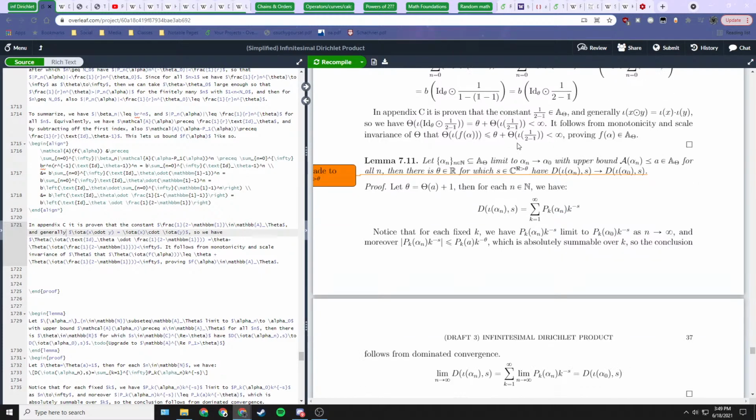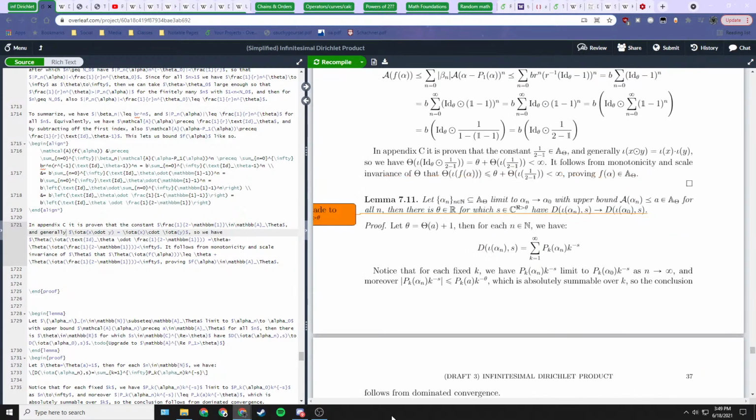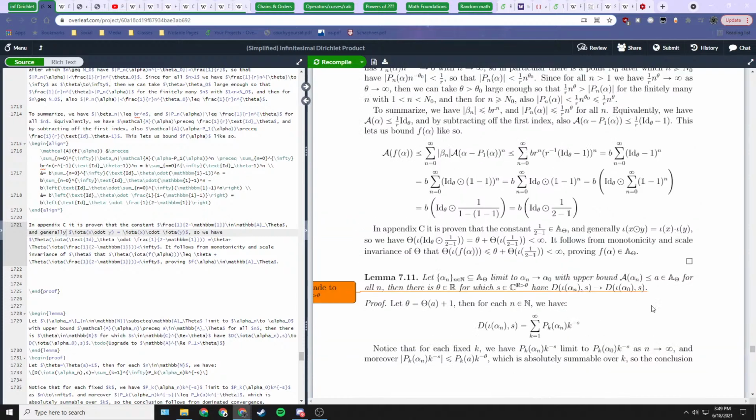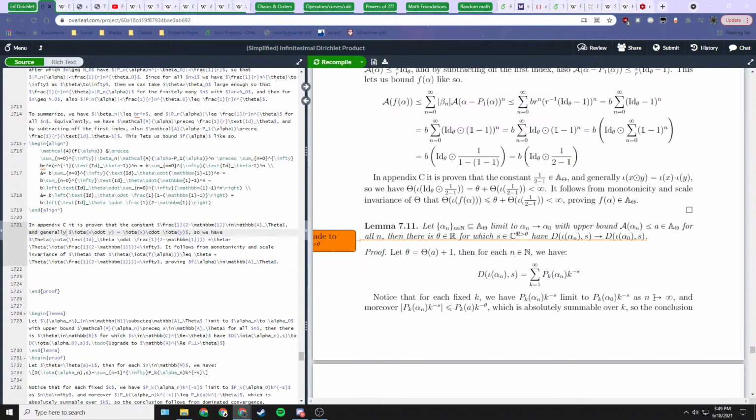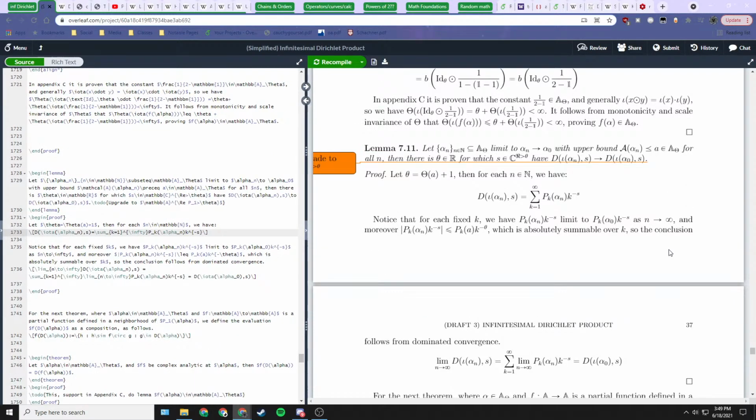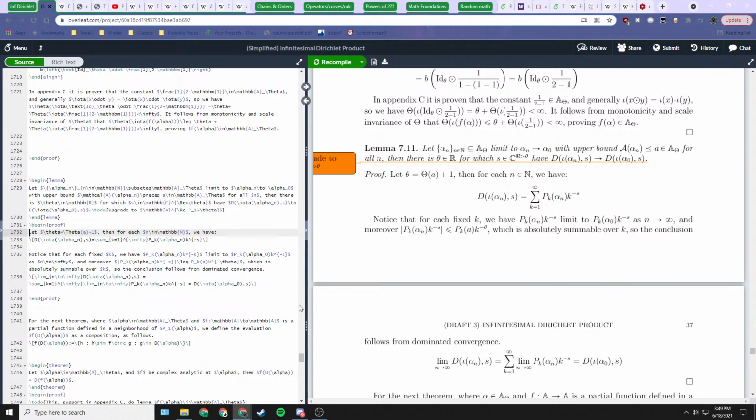I think we can upgrade this lemma to be more general. Okay, so let's upgrade this lemma.